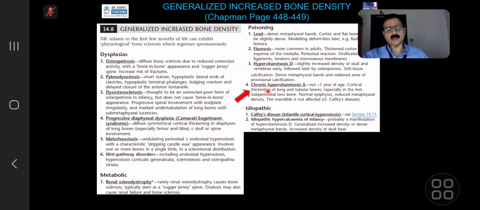Remember all of these in the pediatric age group. And key point to remember that out of these, only fluorosis occurs in the adult age group. So it will be generalized increased bone density. It is more common in adults. You see, it is written here, more common in adults. But these four are in the children.